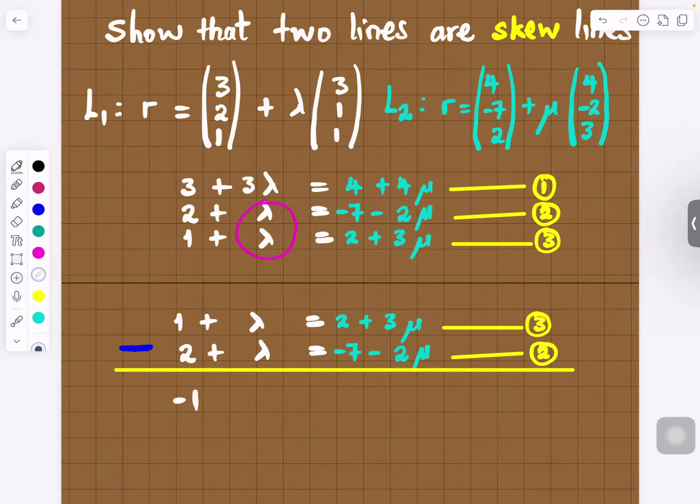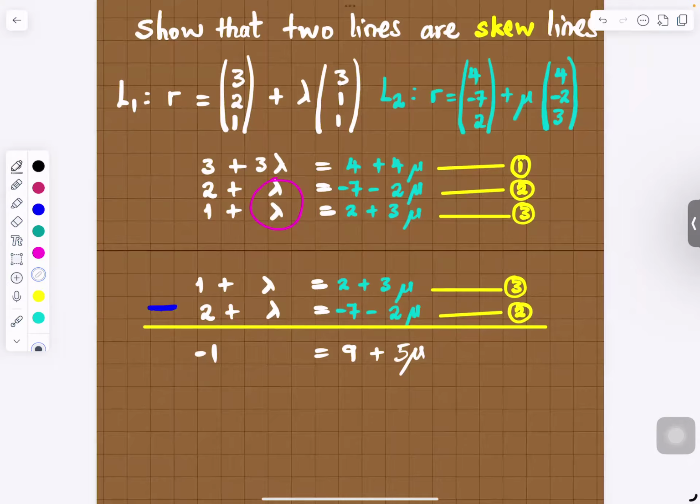Lambda minus lambda disappear. 2 minus minus 7 gives you 9. 3 mu minus minus 2 mu gives you 5 mu. And then solve it for mu. Subtract 9 on the other side. So minus 10 is equal to 5 mu. That gives you mu equals minus 2.